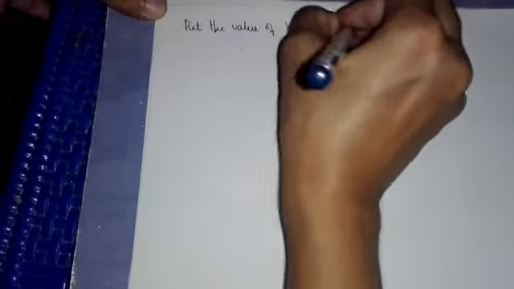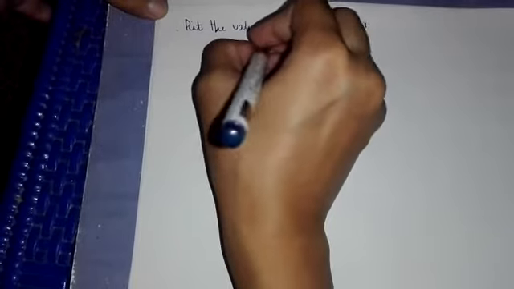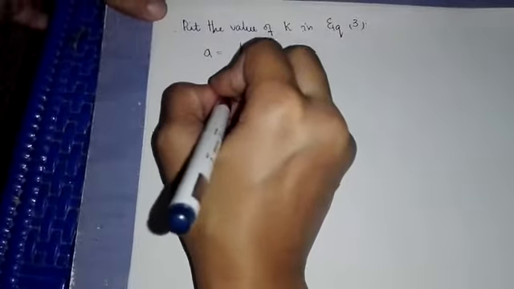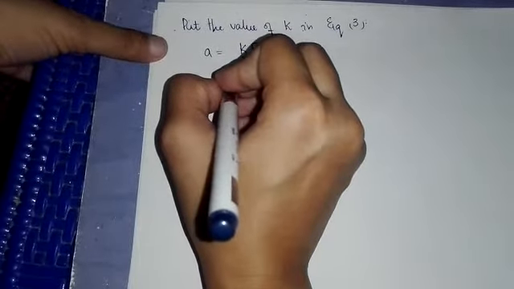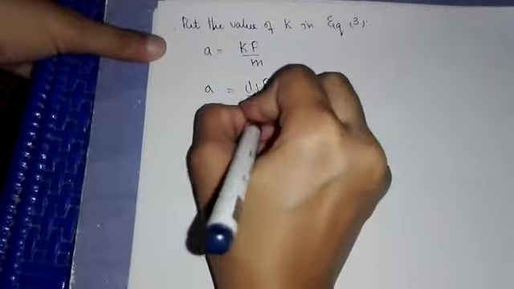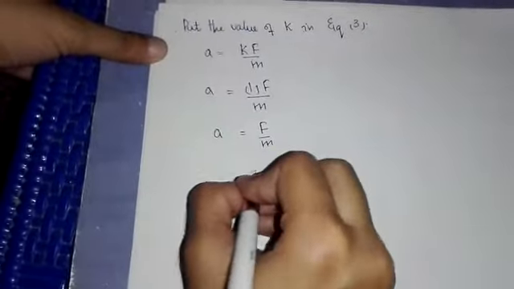We have put the value of k in equation 3. Then we have a is equal to k f divided by m. If we put k equal to 1, then we have f over m, which is equal to a.